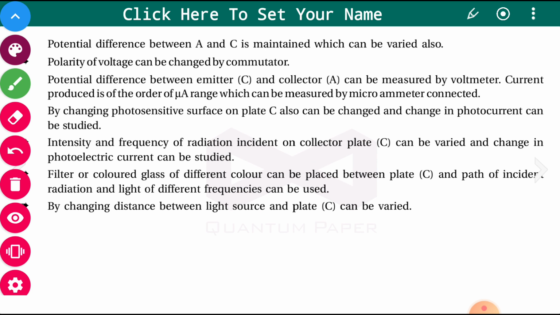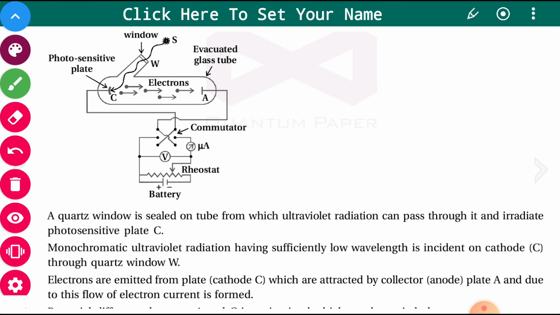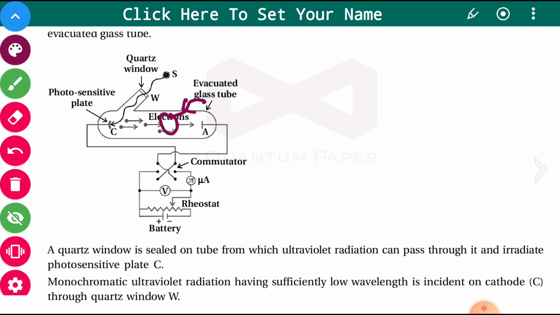By changing the distance between the light source and plate C, we can change the intensity. Say for example, if this source is close, then the intensity will be high. If this source is away from the cathode, if this distance is more, then the intensity of light will be less.